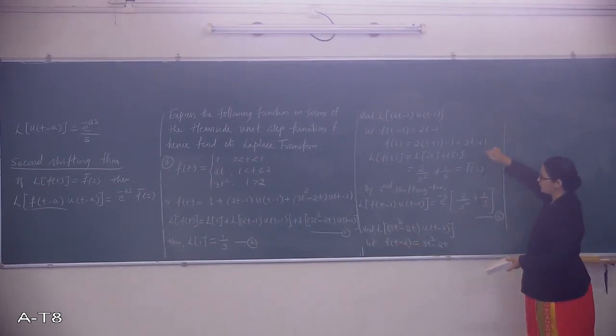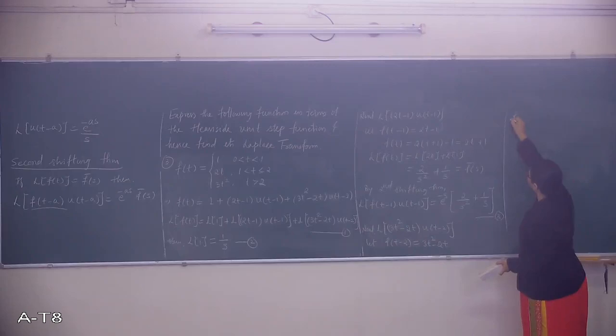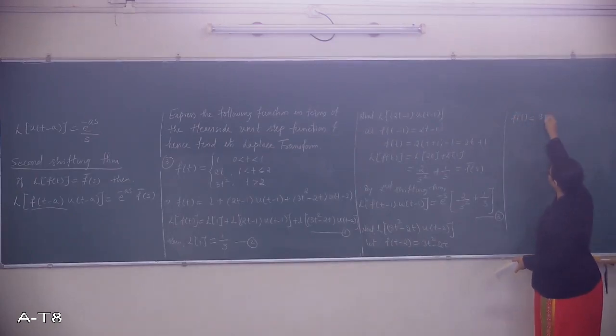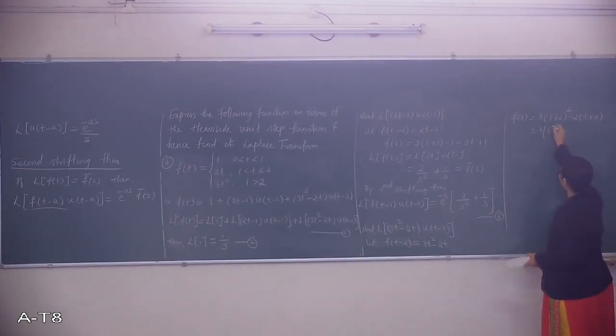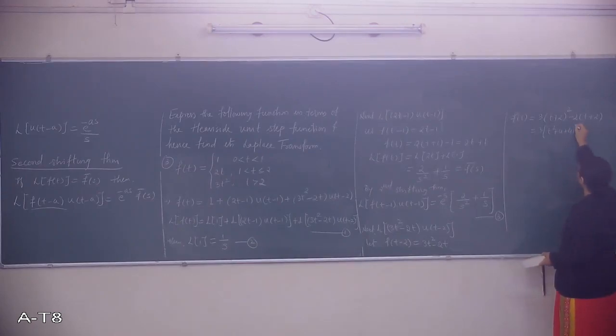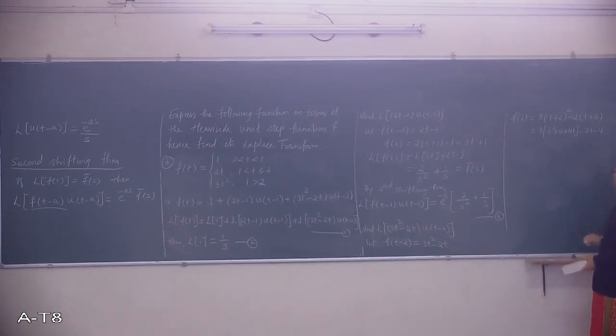Replacing t by t plus 2, on the LHS we get f of t, and on the RHS we get 3 into t plus 2 bracket square minus 2 into t plus 2. This equals 3 into the expansion of a plus b whole square, that is t square plus 4 plus 4t, minus 2t minus 4.